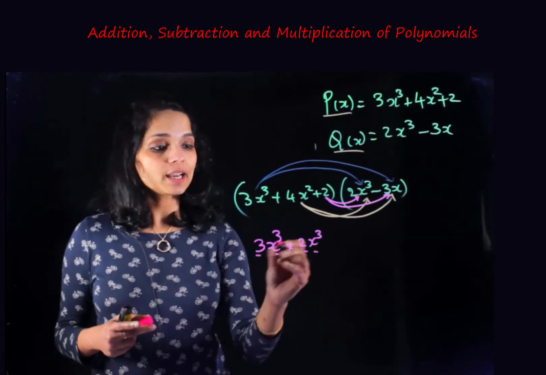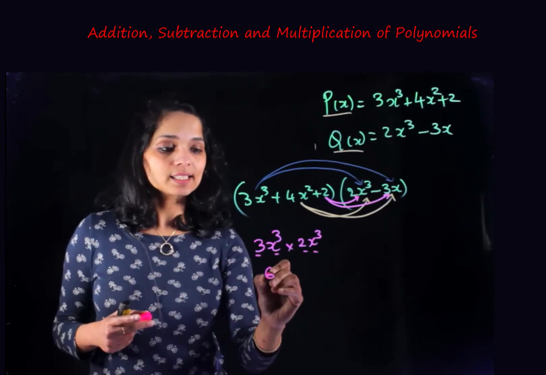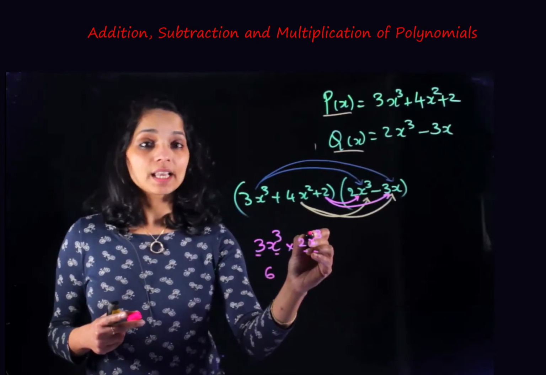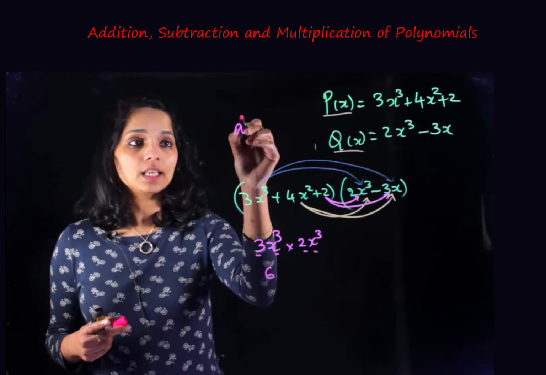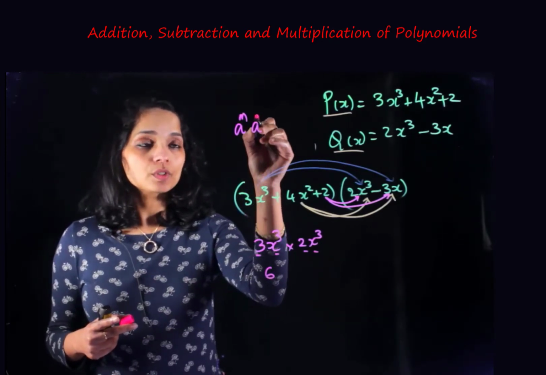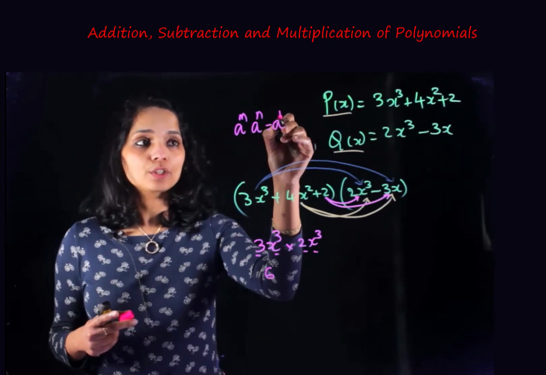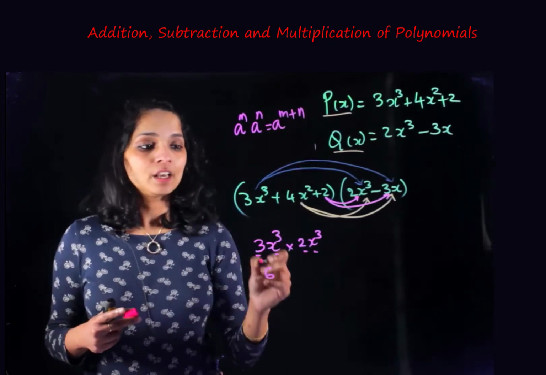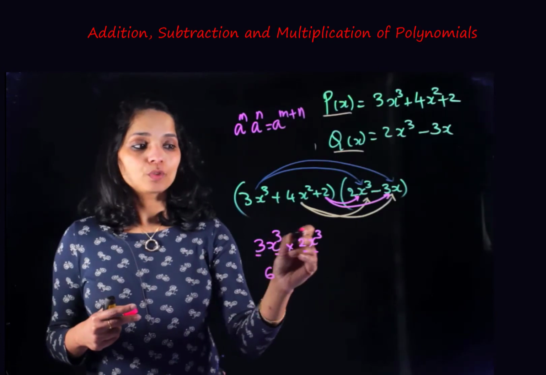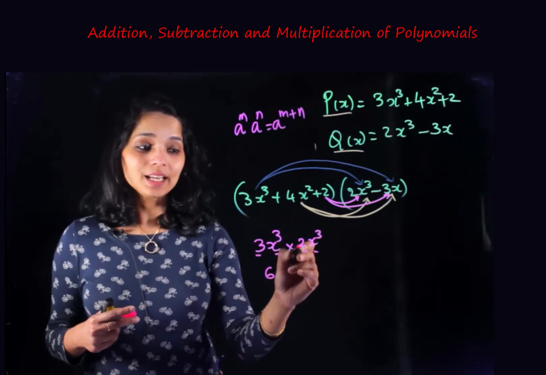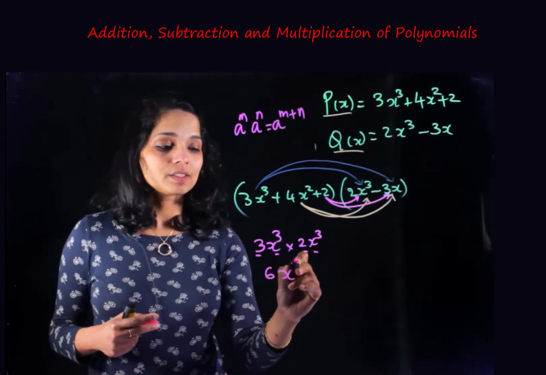So 3 times 2 is 6, and x³ times x³. You need to use one of the index rules: a to the power m times a to the power n equals a to the power m plus n. So x to the power 3 times x to the power 3 is x to the power 6.